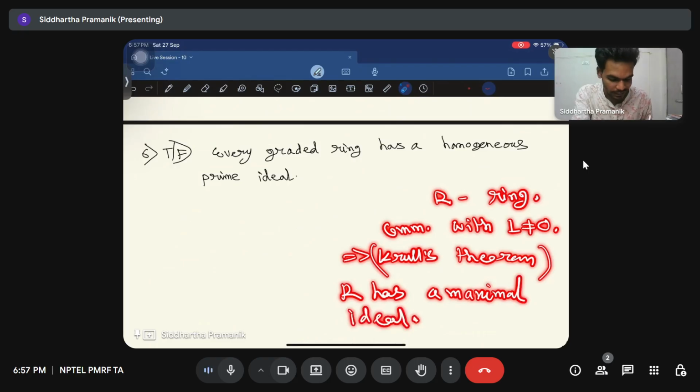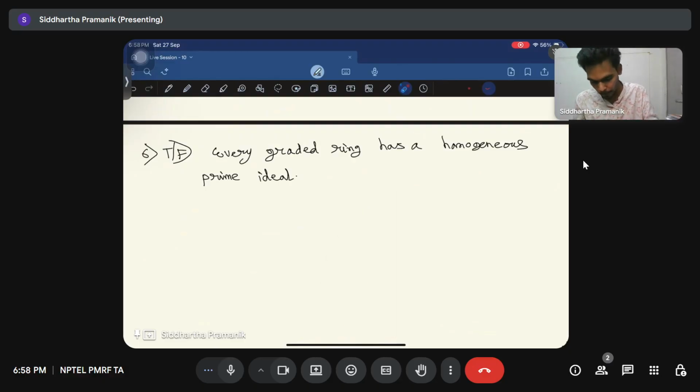So R has a prime ideal. So in our case, every ring has a prime ideal. Now we want an analogous statement for graded rings, that every graded ring has a graded prime ideal. So this is true or false.